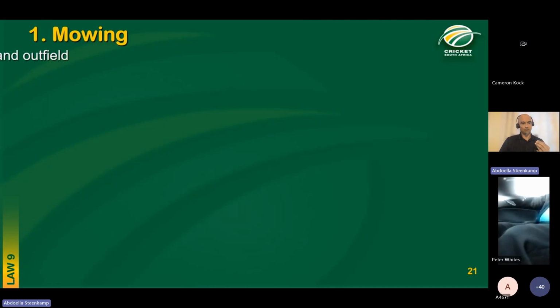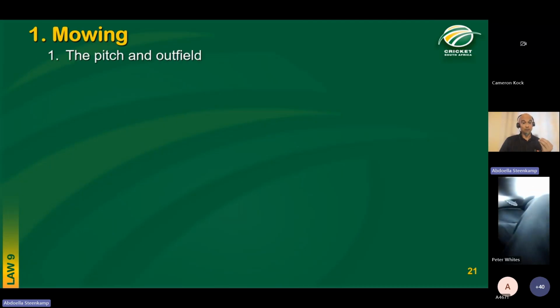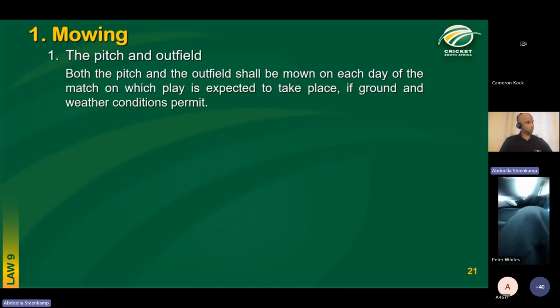In terms of mowing of the pitch and the outfield, and this is now after the game has started, let me use Test cricket as an example. It spans over 5 days. So the law wants us to try to keep the conditions of the pitch and the outfield the same over 5 days, especially when it comes to the length of the grass on the pitch and the outfield.